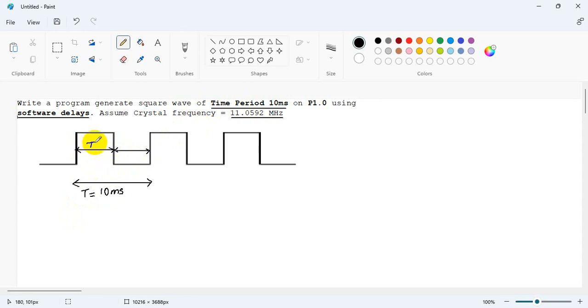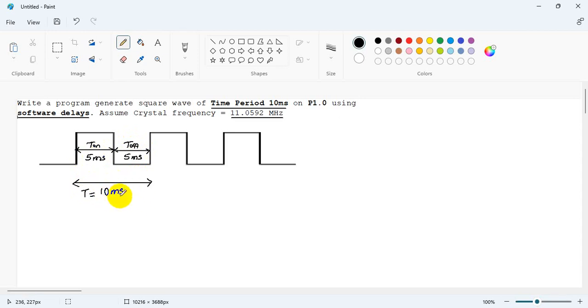So T on and T off both will be 5 milliseconds. So we have to design a delay for 5 milliseconds.